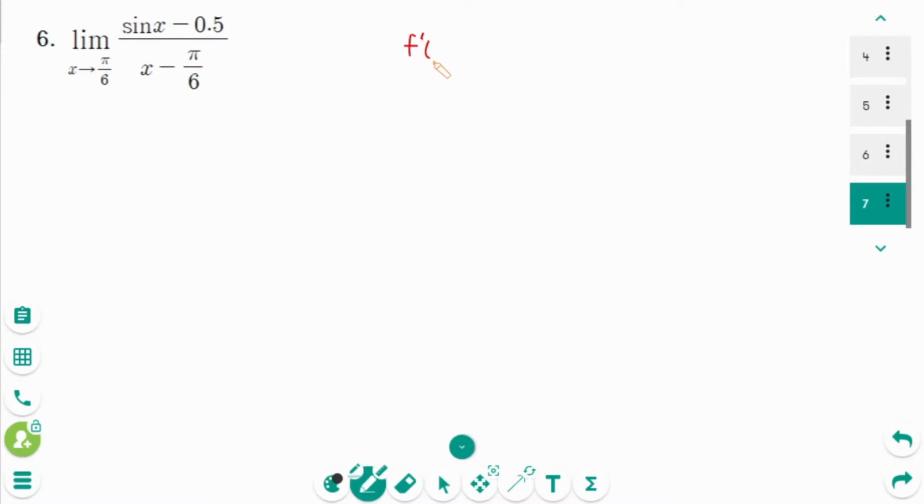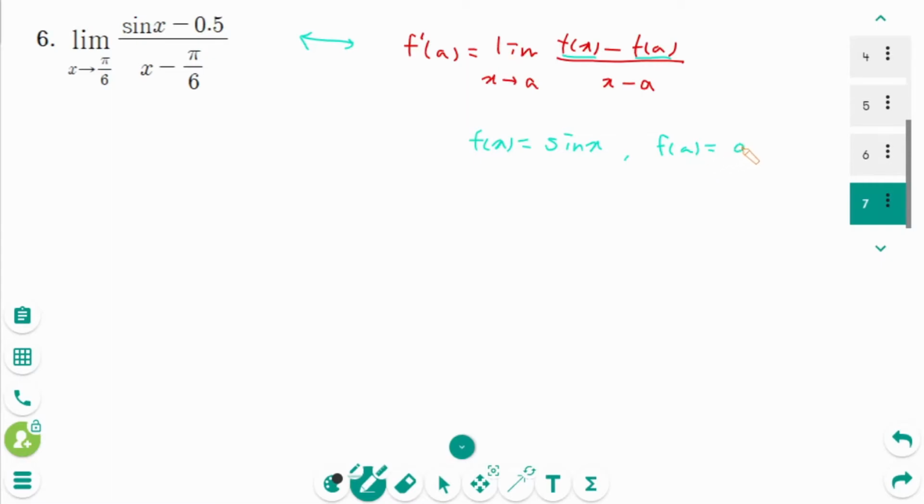F prime of a equals limit as x approaches a of f of x minus f of a over x minus a. When you compare these two limits, you can see f of x equals sine x, then f of a equals 0.5.